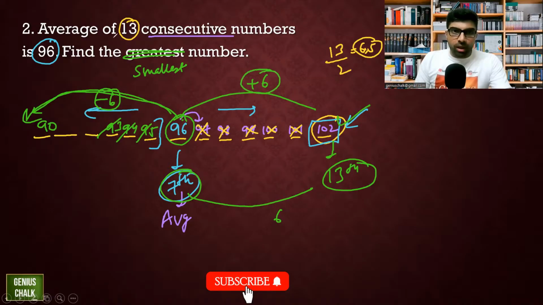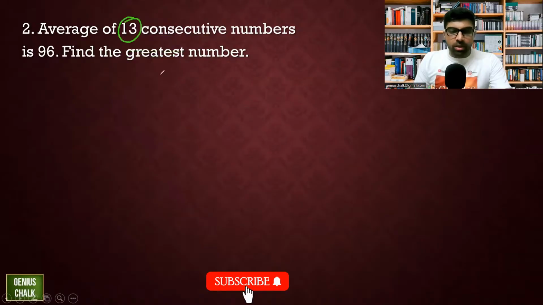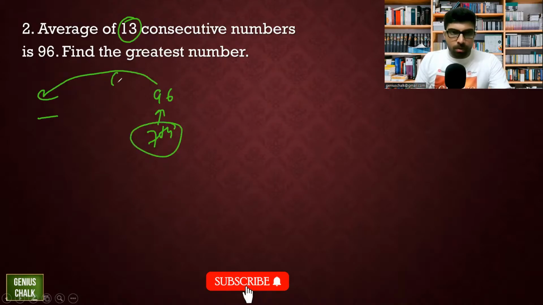If 13 numbers are there, that means the 7th observation is my average, and after 7 there is no need to write this. 13 numbers means the seventh number has to be my average, and that must be 96. That means if you want to find the first number, this is 7, so there are 6 people behind this.